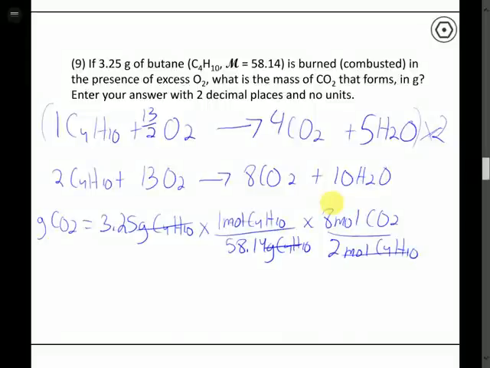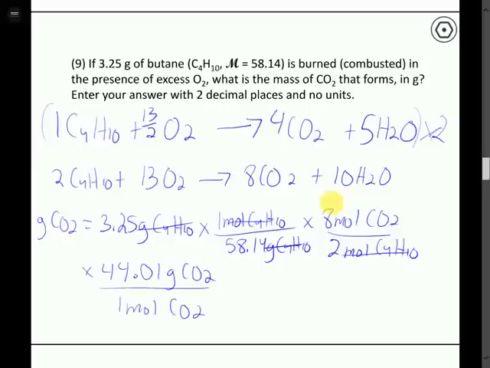Now we're in moles of CO2, and we just finish this off by converting to mass of CO2, which the molar mass of CO2, which I didn't give you in this problem, you should have, is 44.01. So we should get 9.84 grams of CO2, which we would enter in as 9.84 in Blackboard.